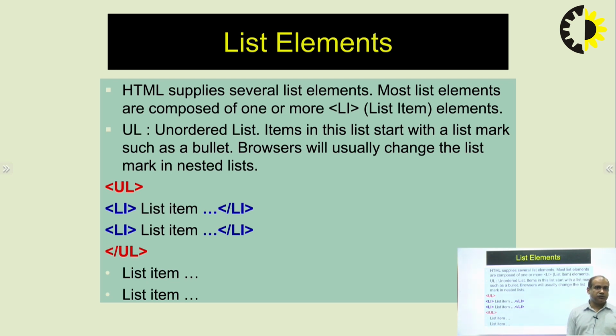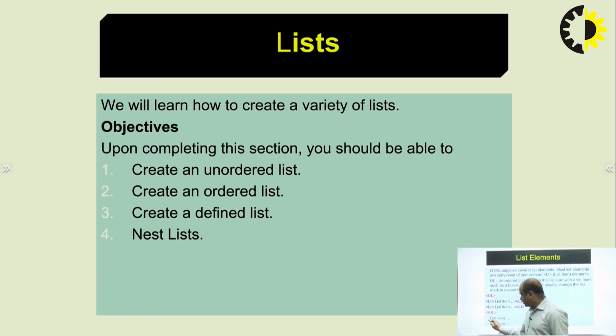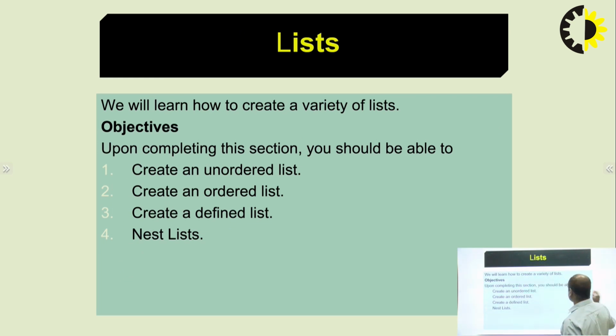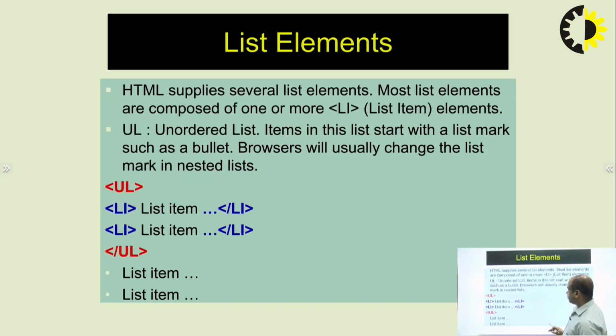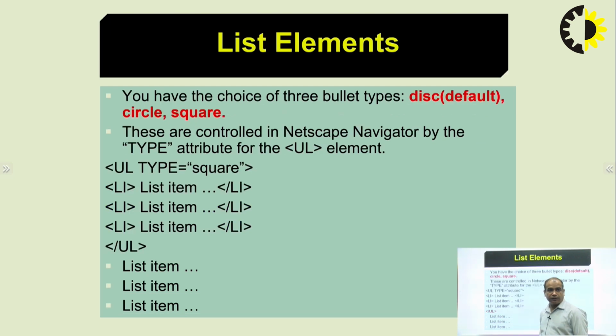We will use UL as the element to represent the unordered list, and list items will be represented by li. The list item will be represented by a bullet mark.